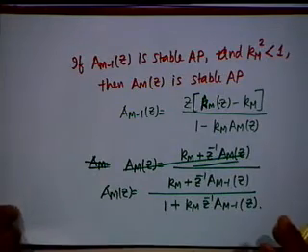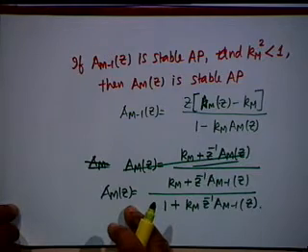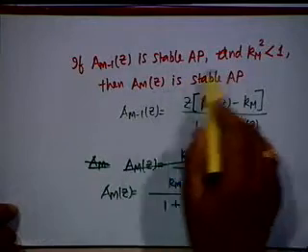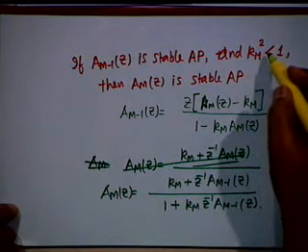Okay? Agreed? Now, to prove that A_M(z) is all pass is trivial. Isn't that right? That's what we started with. A_M(z) was an all pass function. So, all we have to prove is that A_M(z) is stable under these conditions. That is, A_{M-1}(z) is stable, and K_m squared is less than 1.